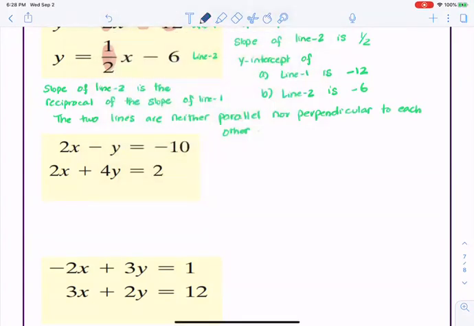So the next case, we have two lines again. It may not look like a line. This is what we call the general form of a straight line. The form that we have above is the slope-intercept form, and I'll talk about it when we get to 3.5, I believe, equation of line. When I do that, it should make sense.